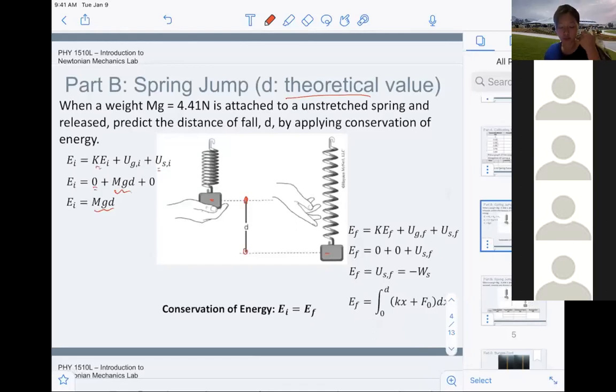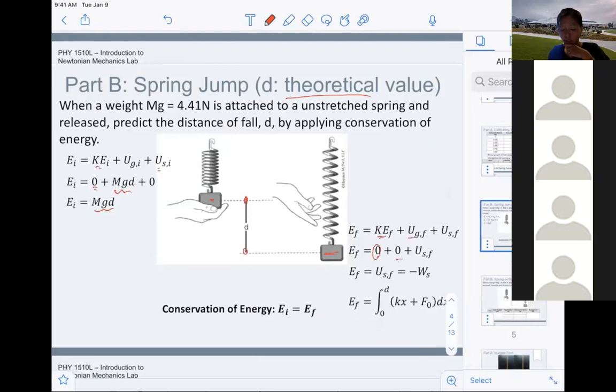When you're at the lowest point, what kind of energy do you have? Again, you don't have any kinetic energy because you have reached the lowest point. You cannot go any further. So at that moment, your mass momentarily has zero velocity, so zero kinetic energy.